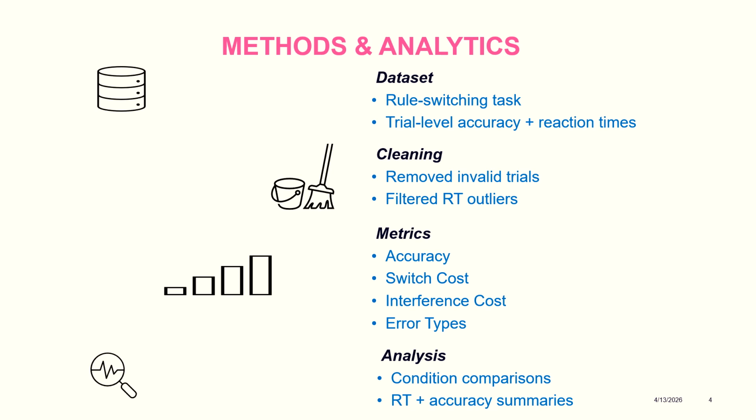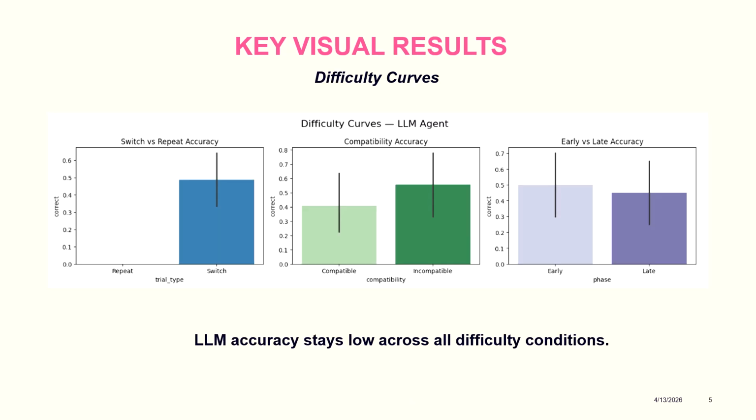So, with this on hand, what are the key visual results? One of the most important visual results is the difficulty curve. Across all difficulty levels, LLM accuracy stays consistently low. What does it mean? This suggests that the model struggles not just with complex switching conditions, but even with the simpler ones.